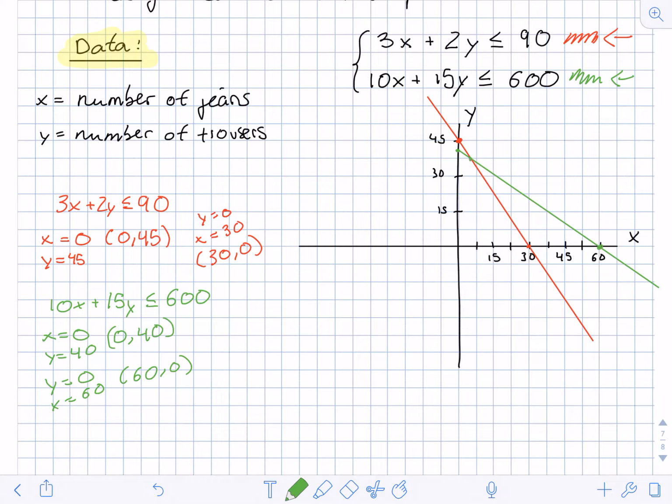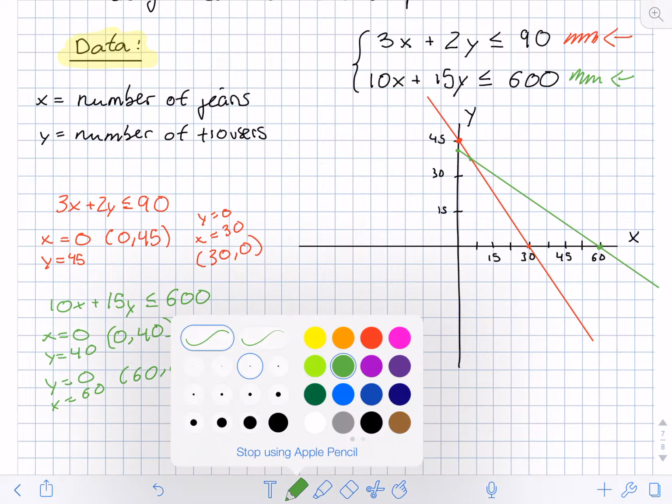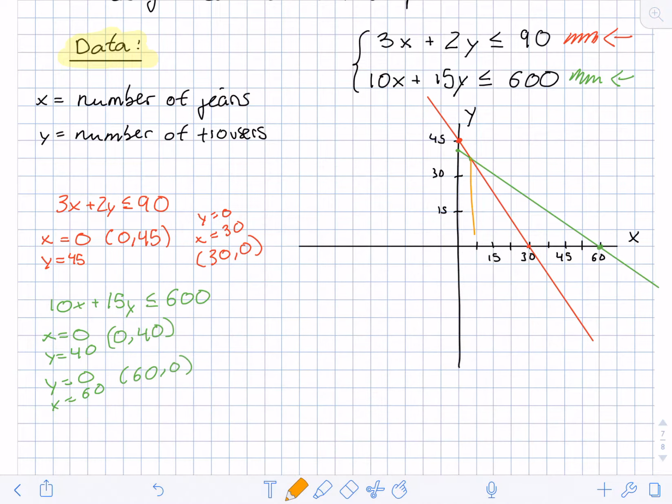This point is going to be the maximum point of which we can get number of y and number of x. So if we bring this point down, I'm going to use the orange color.